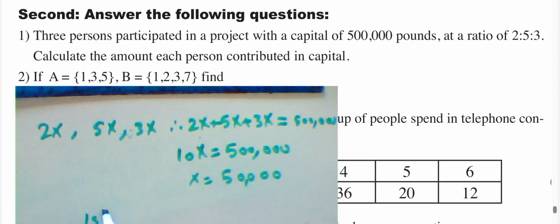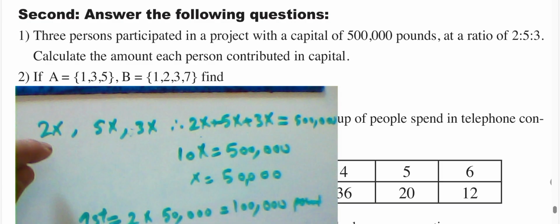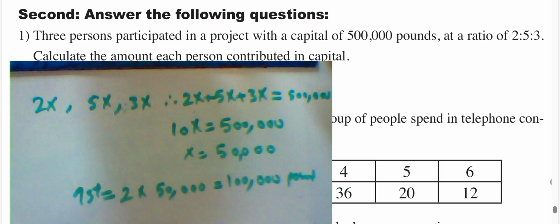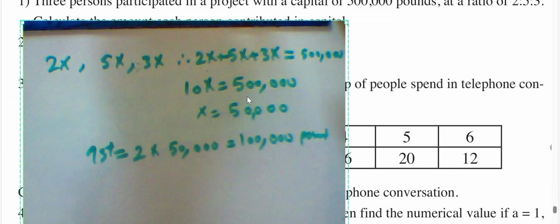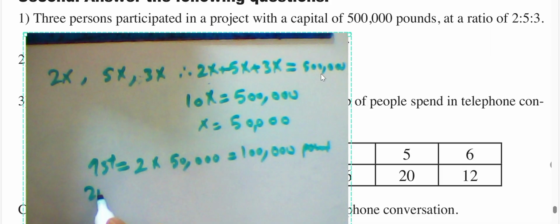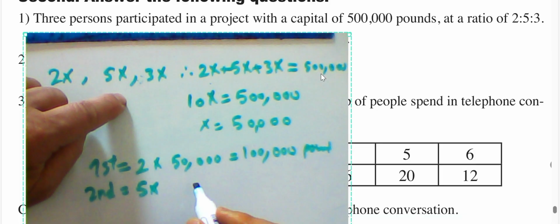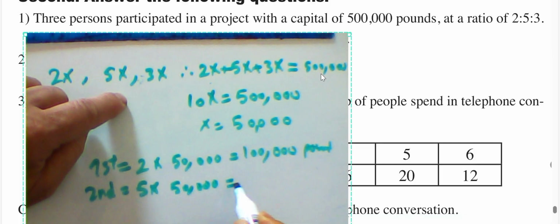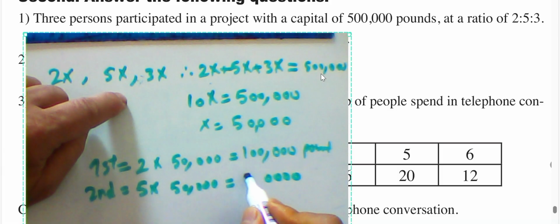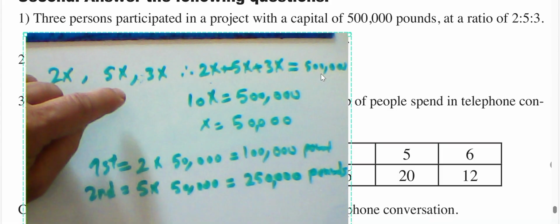The first will take two parts, 2 times 50,000, so it will be 100,000 pounds. The second has 5 parts: 5 times x, and the value of x was 50,000. 5 times 5 is 25, so the result will be 250,000 pounds.